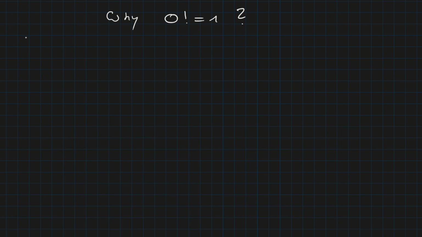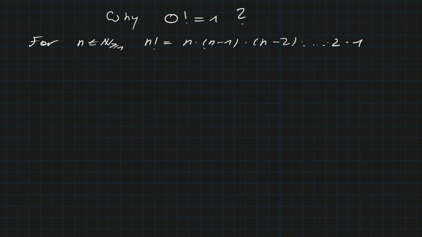So just as a recap, a short definition of factorial: for n, a natural number bigger or equal than 1, n factorial equals n times n minus 1 times n minus 2, and we repeat this process until we arrive at 2 times 1.